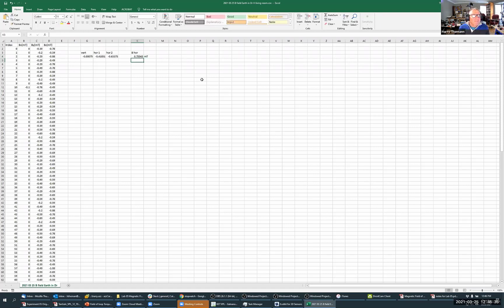And there's 10,000 Gauss in a Tesla. So we have 10 to the fourth Gauss equals 1 Tesla. So a millitesla, 760 millitesla, is 10 to the fourth Gauss per Tesla.